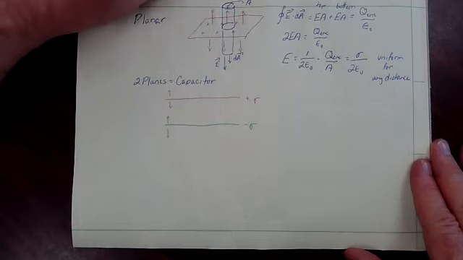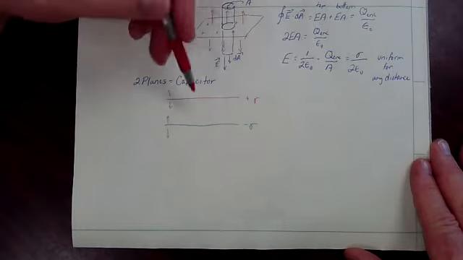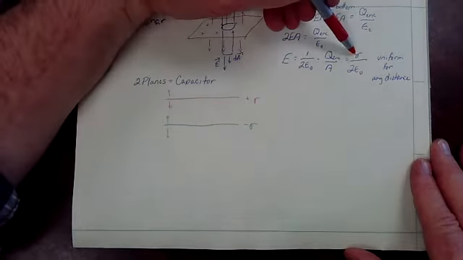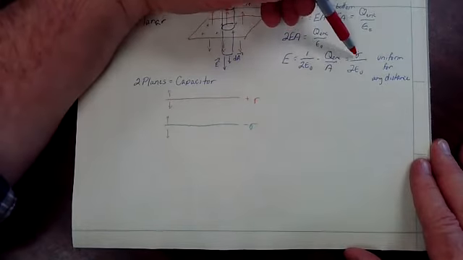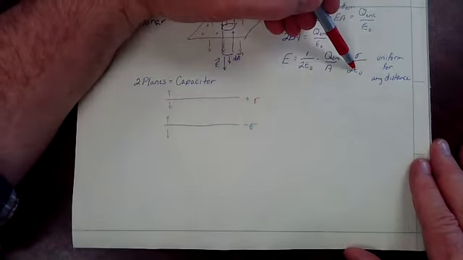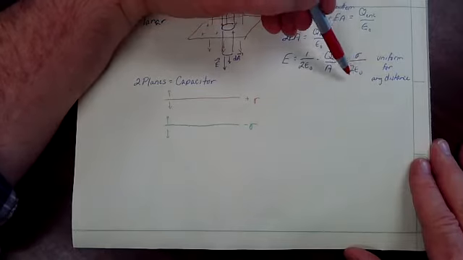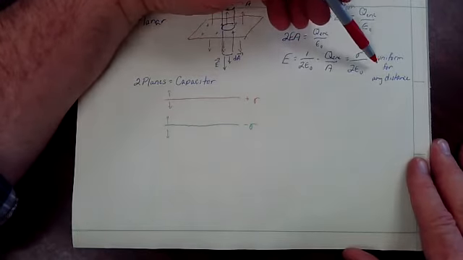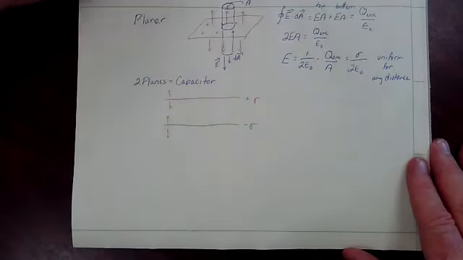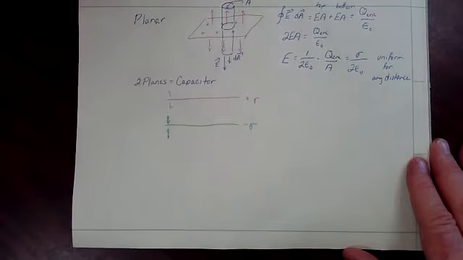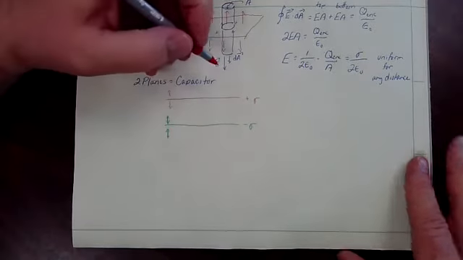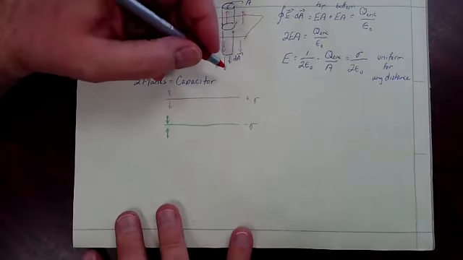We just found out that the electric field for a uniform plate of charge is sigma over 2 epsilon naught. Shouldn't the negative go in? Yes, the negative should go in. Thank you. Inward.